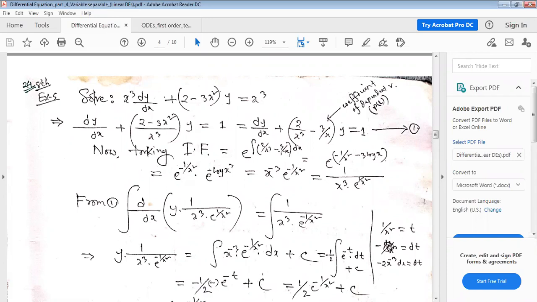So minus log x cube. It can be written as like this, and this e to the power, this can be written as e to the power minus 1 by x square, and e log will be cancelled, and x to the power minus 3 will exist. So integrating factor will be 1 by x cube e to the power 1 by x square. This is the integrating factor. Understand everybody? Okay.